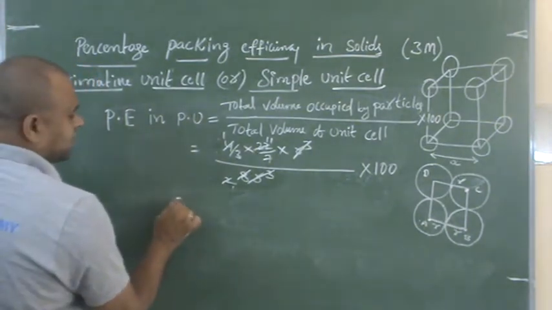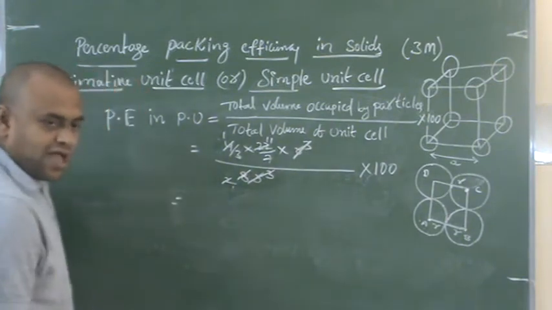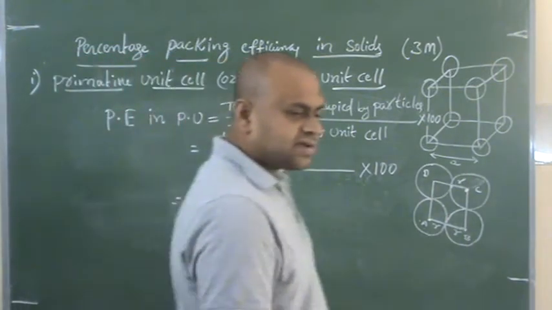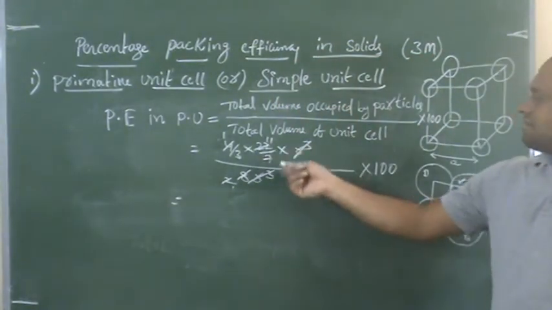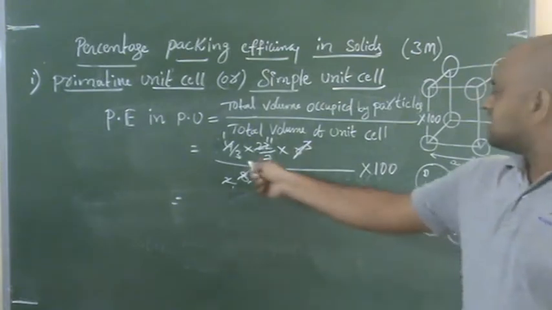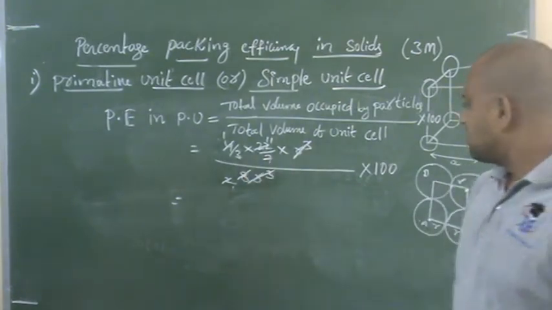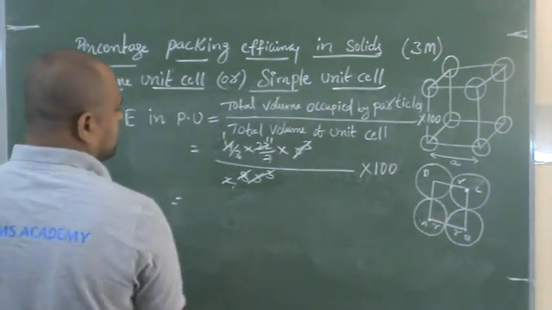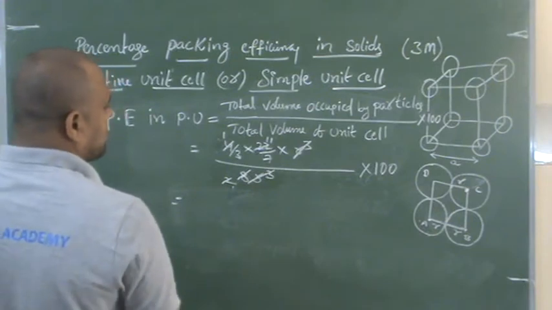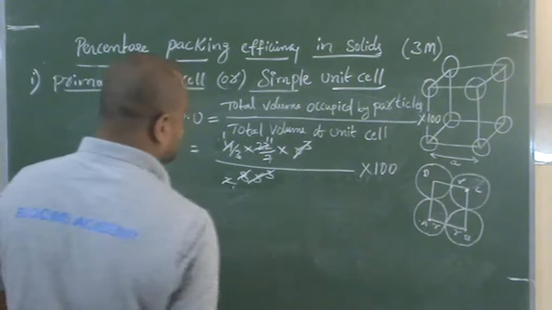If you solve all these things, I hope you are solving, right? Find out how much percentage you will get. So 11 by 7, that is 3 sevens are 21, 11 by 21 into 100.